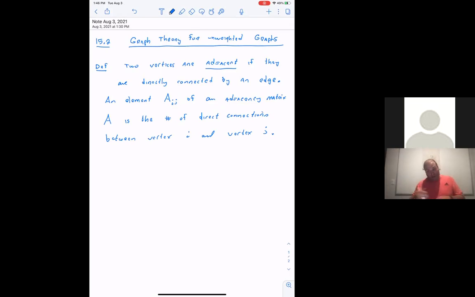But if it's a directed graph, then the adjacency matrix does not have to be symmetric.